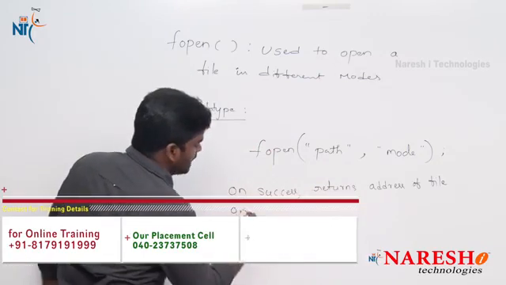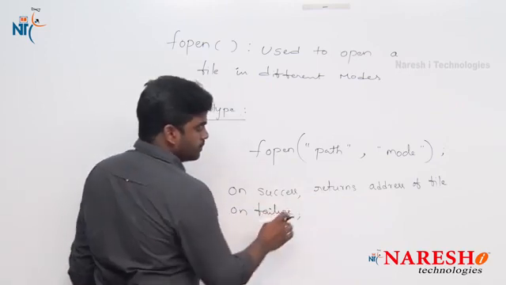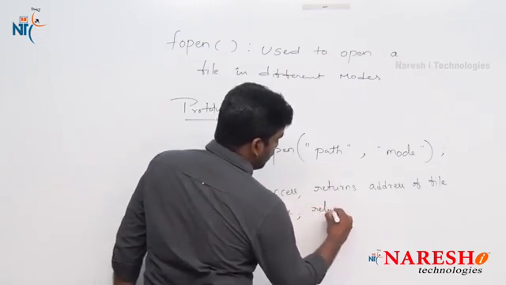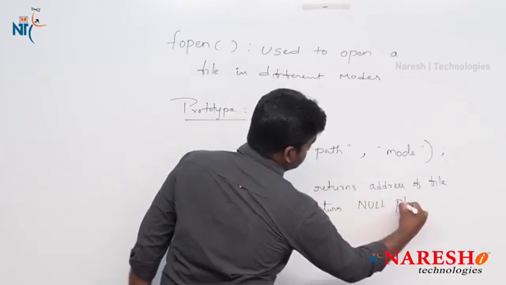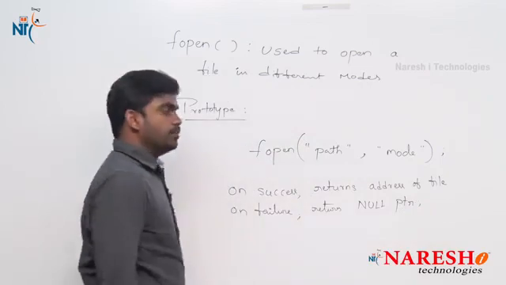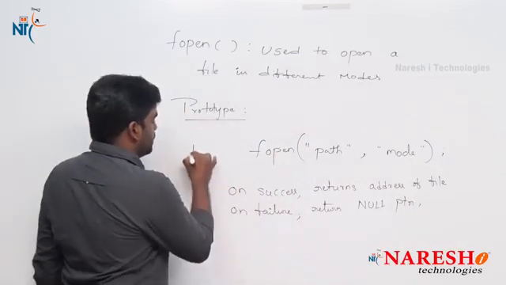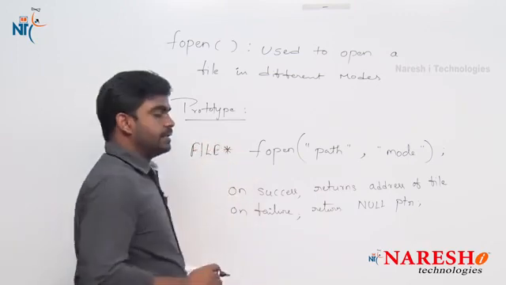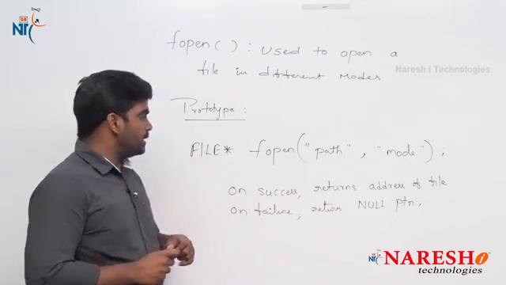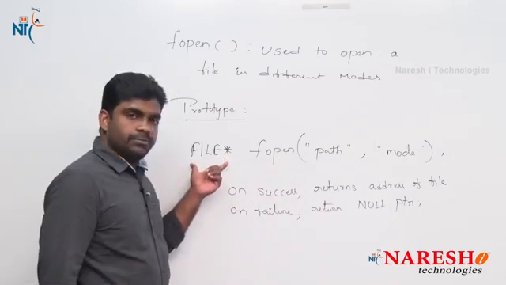For any reason, if it has failed, for example the file is not present, on failure it returns a null pointer. So what is the return type of the fopen function? It's a pointer type. Which pointer? File pointer type. The return type of fopen is a file pointer.